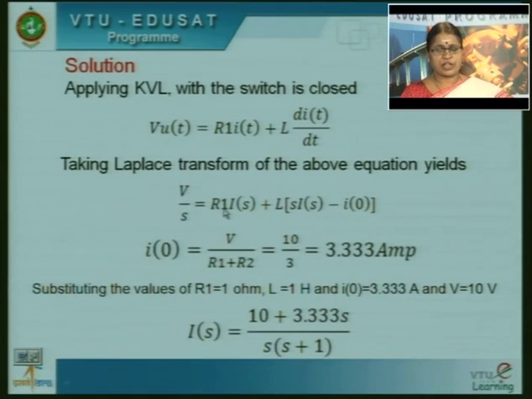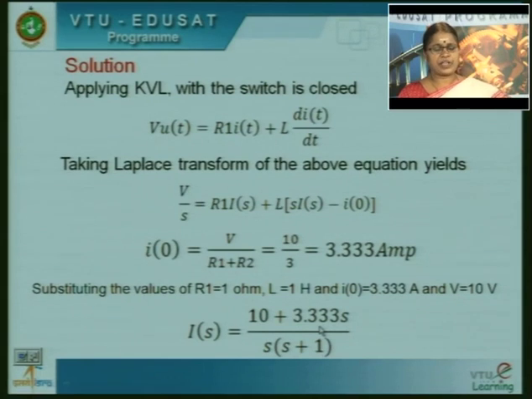Substituting L as 1 Henry, I naught as 3.33 and V as 10 volts, and simplifying, you can find I of S is equal to 10 plus 3.333 S divided by S into S plus 1.